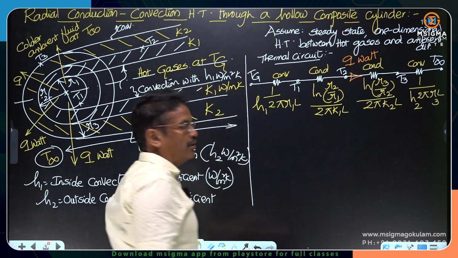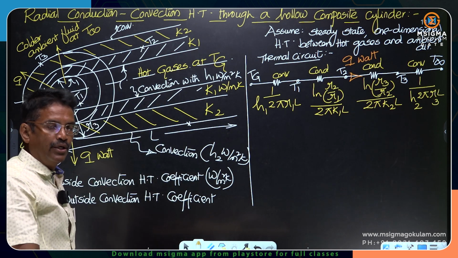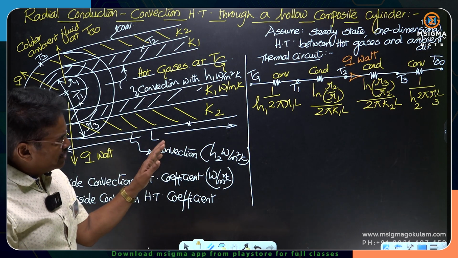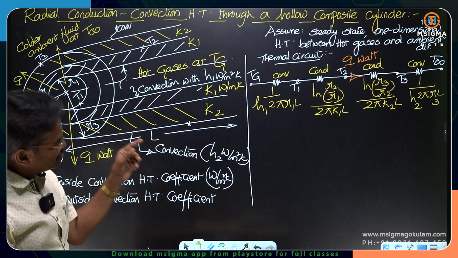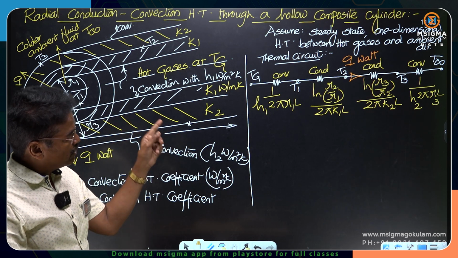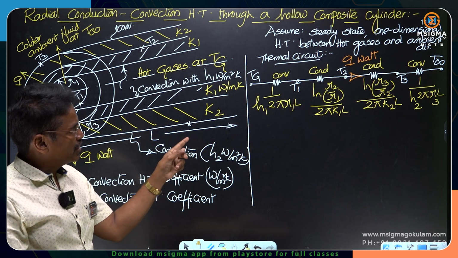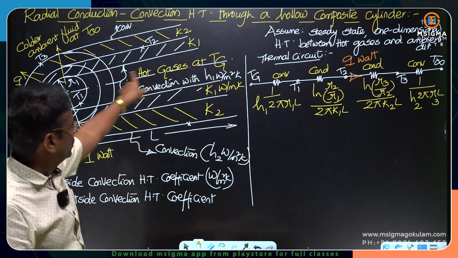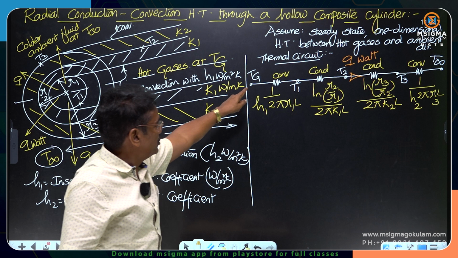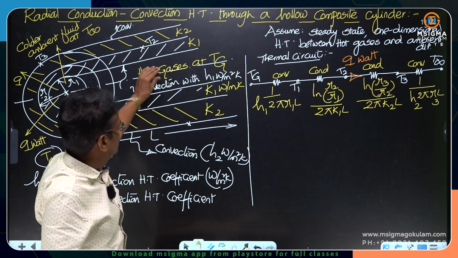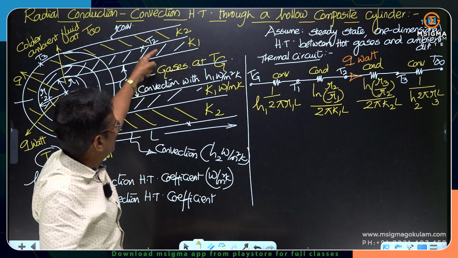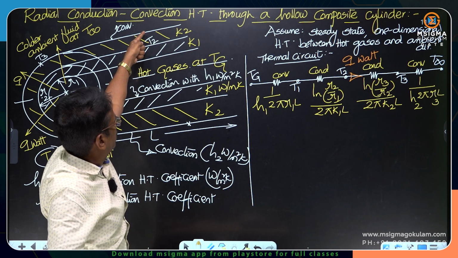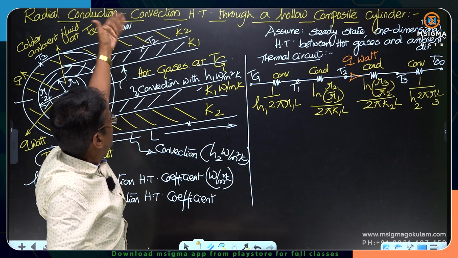Try to understand the thermal circuit and the terminals. It is very important to understand the resistances existing, what is the current, what are the values of the resistances, and what are the terminals corresponding to the temperatures here. So Tg is the inside temperature, the first terminal, the temperature of the gases. T1 is this temperature, T2 is the junction, T3 is the outermost surface, T infinity is the outside fluid.